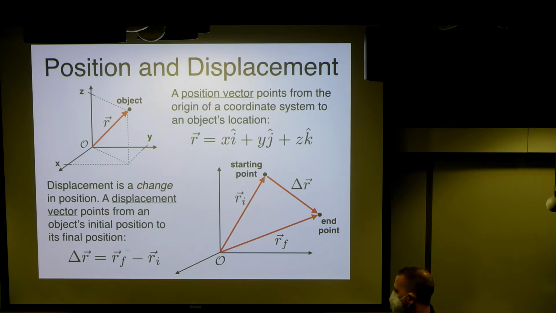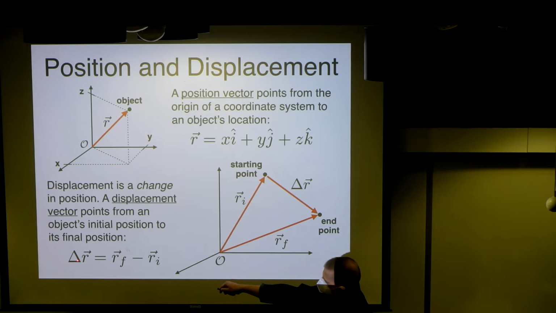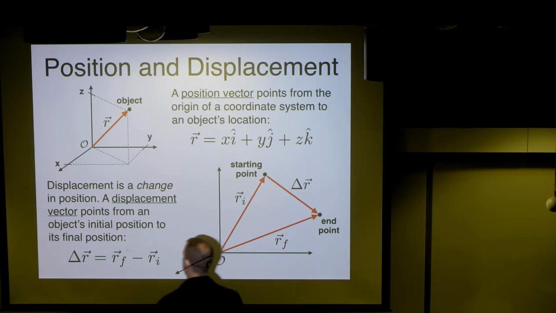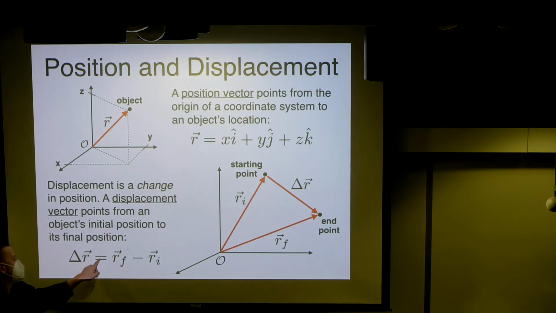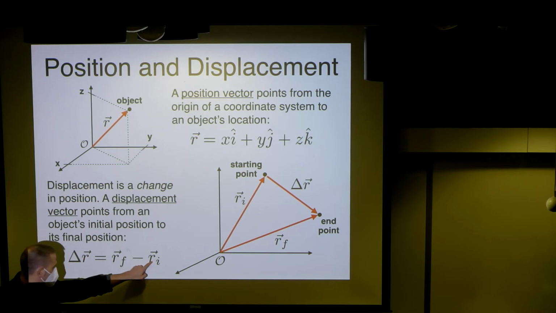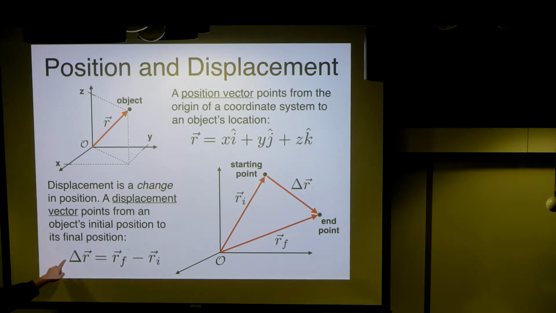If not, I'll show it to you this way. Okay, you see delta r equals r final minus r initial, right? I could slightly rearrange that to say r final equals delta r plus r initial. In other words, just imagine throwing the r initial to this side of the equation and it's being added, right?